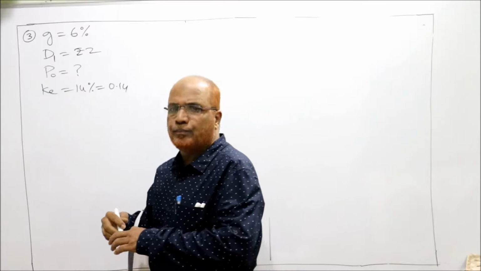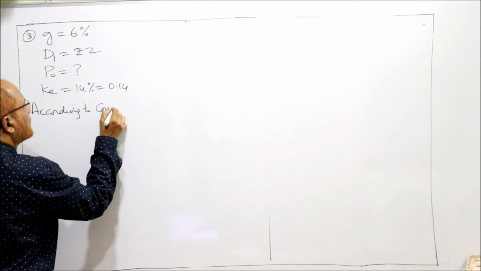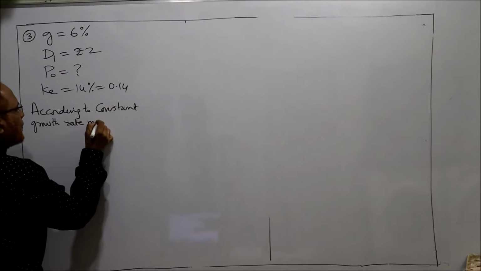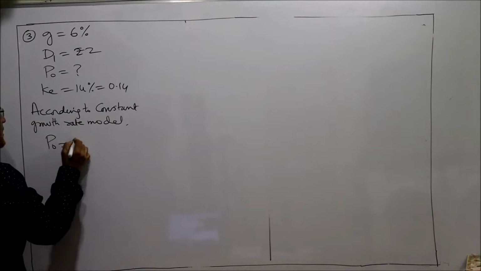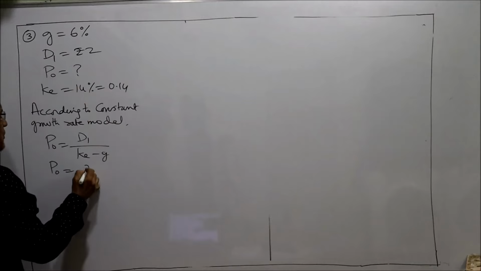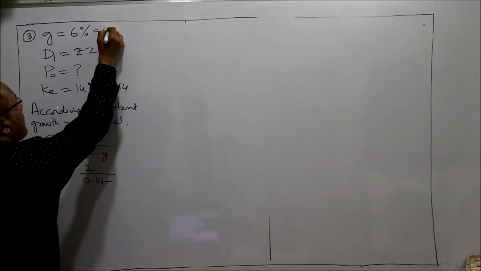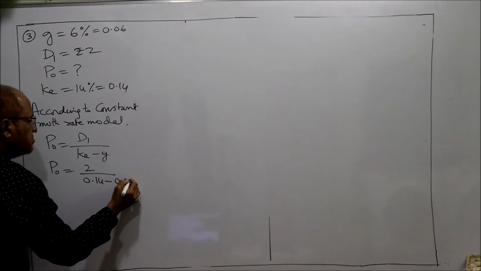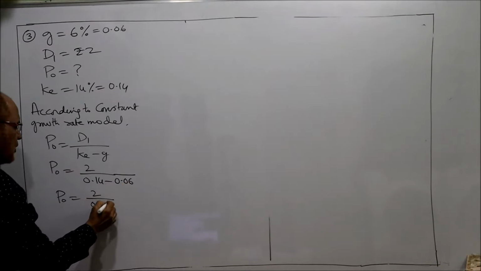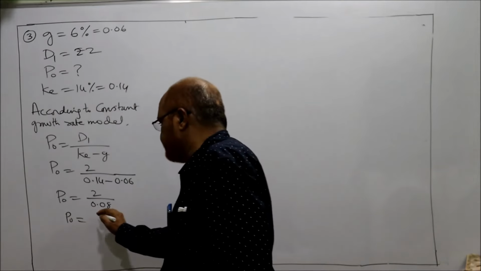Now simply we have to find out P0. So we can write according to the constant growth rate model: P0 is equal to D1 divided by KE minus G. P0 is equal to D1, which is 2 rupees, divided by KE, which is 0.14, minus growth rate, 6%. P0 is equal to 2 divided by 14 minus 6, which is 0.08. 2 divided by 0.08 is 25.